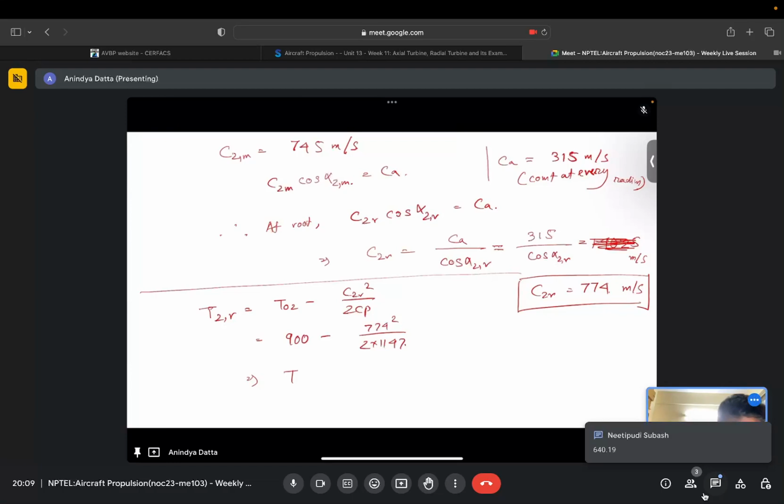Let me check if I got this wrong. This is cos, sorry, 315 divided by cos of 66, right? Okay, so this is 774.45. So this square divided by 2 divided by 1147 minus 900. Yeah, now I got it right.